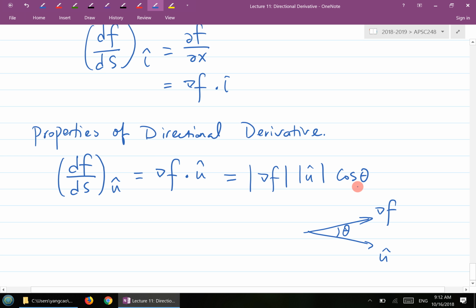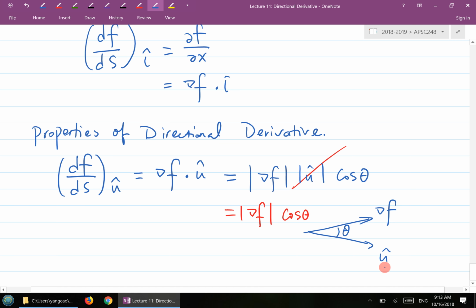What's the magnitude of u hat? 1, right? So that term is gone. Then you get del f times cosine theta. So the value of the derivative is related to the magnitude of the gradient vector and cosine theta, where theta is the angle between del f and u hat.